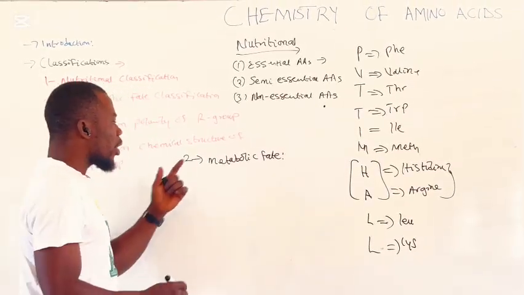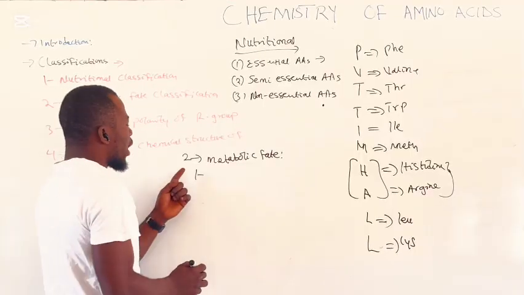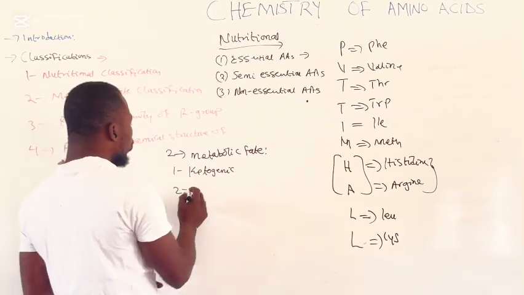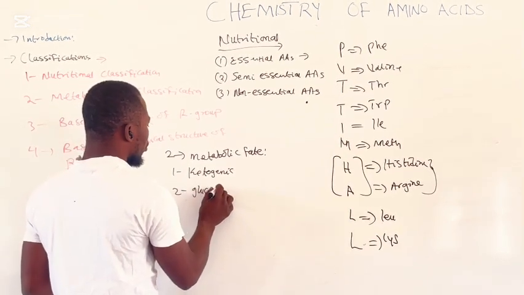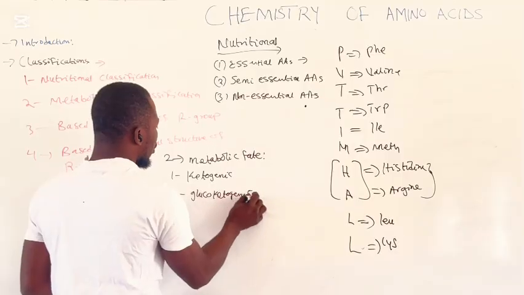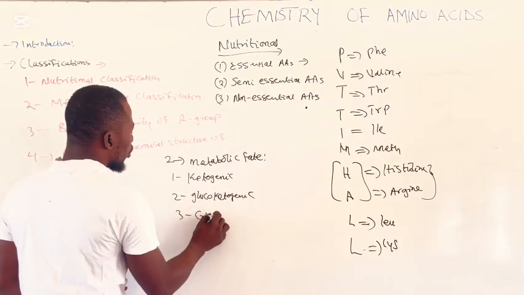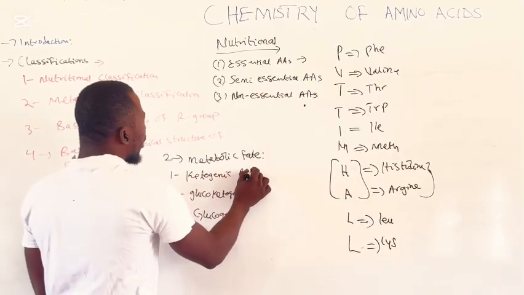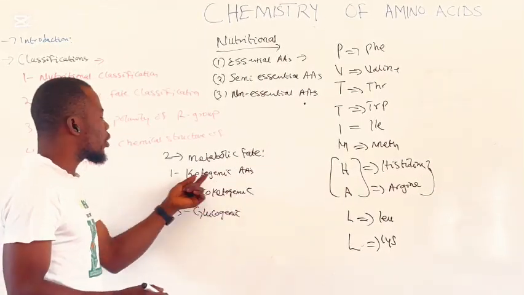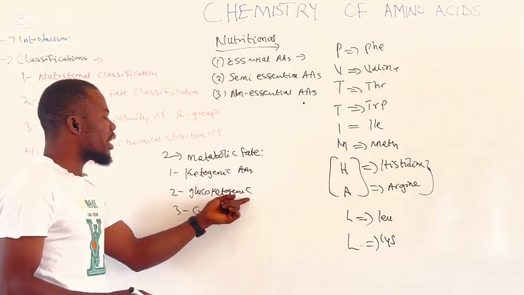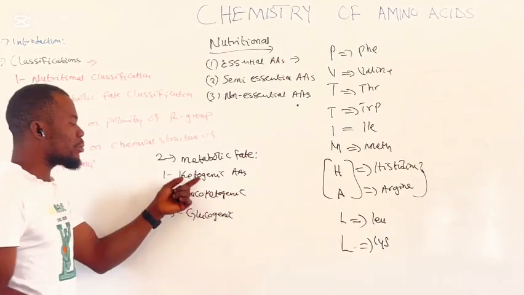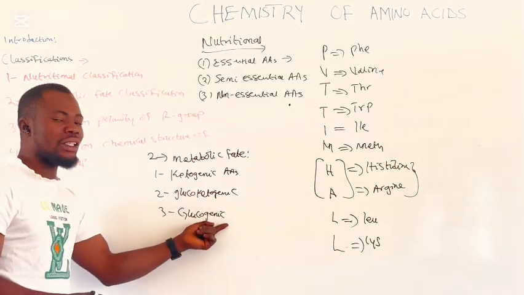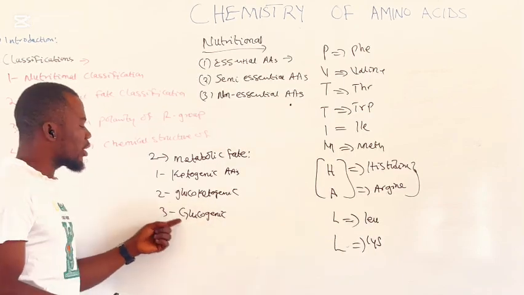Based on that, amino acids are classified into 3 groups: 1, ketogenic, 2, glucoketogenic, and 3, glucogenic amino acids. Ketogenic amino acids serve as a precursor for the synthesis of ketones. Glucoketogenic amino acids serve as a precursor for the synthesis of both ketone and glucose. Glucogenic amino acids serve as a precursor for the synthesis of glucose.